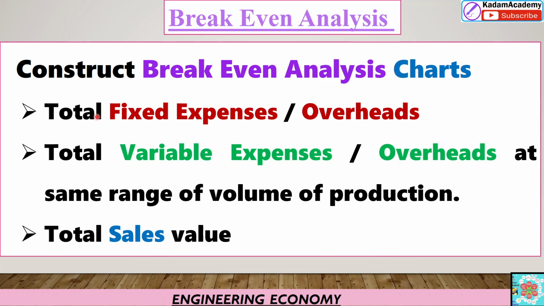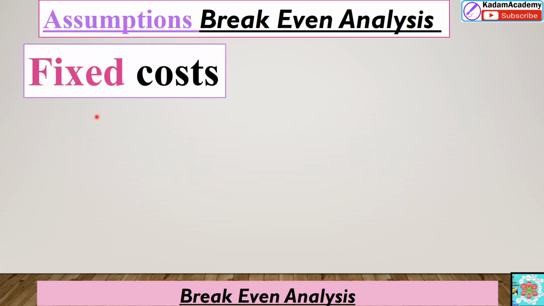This means what the fixed expenses are and what the variable expenses are. We already studied this in the video on elements of cost. Here a few assumptions are to be considered to draw the break-even analysis chart. First, all costs can be separated into fixed and variable components.